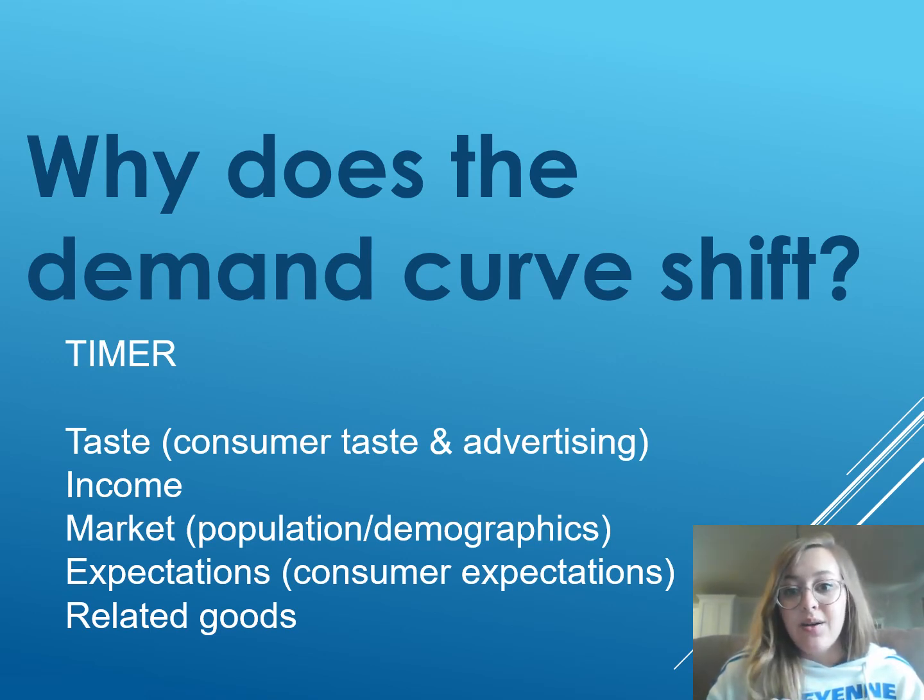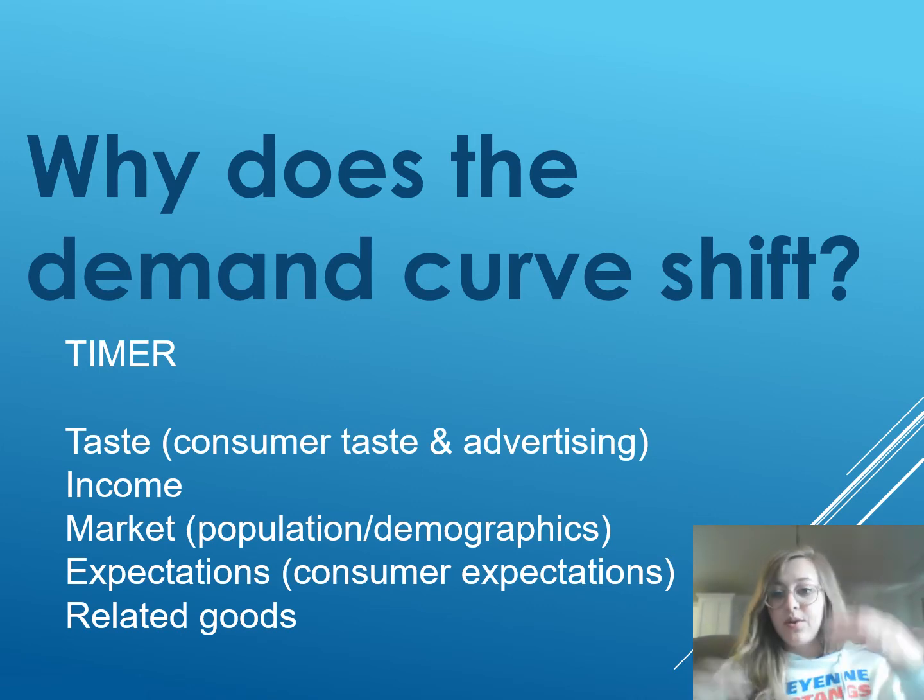Changes in income. If everyone is bringing home more money, that can have an effect. We'll talk a little bit more about that. Changes in the market. So changes in your population or changes in your demographics.